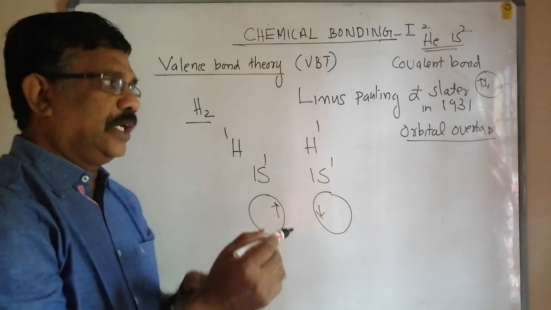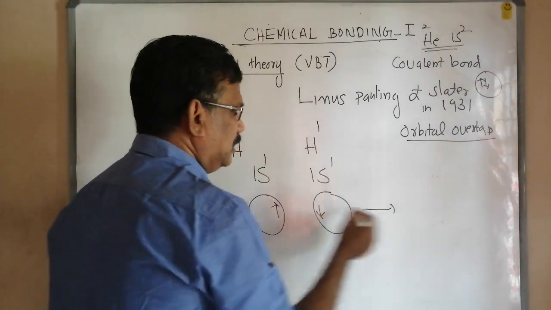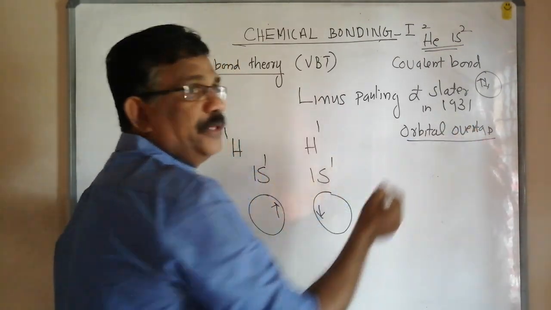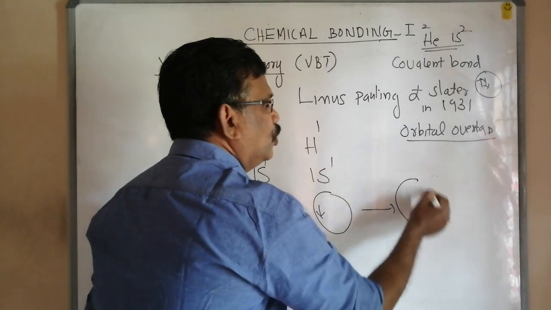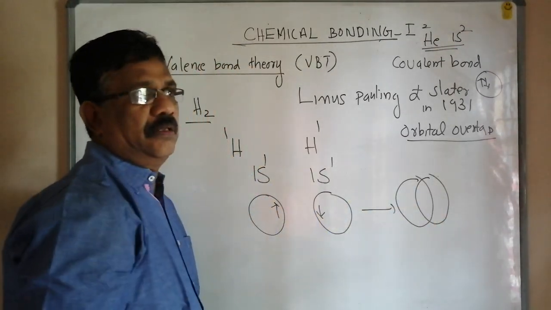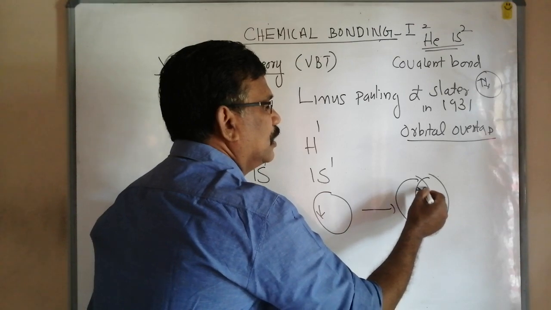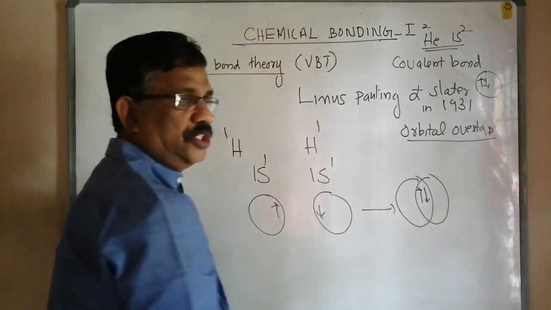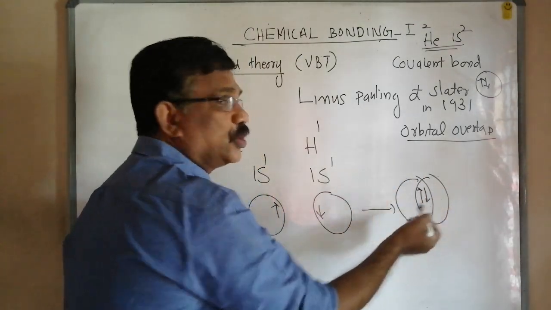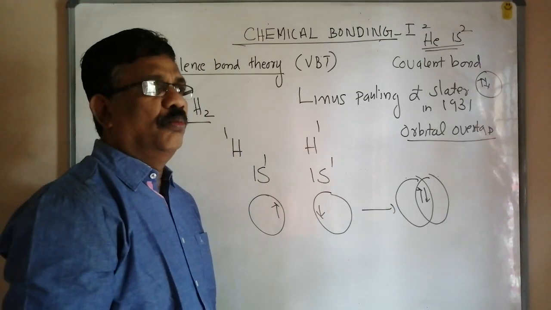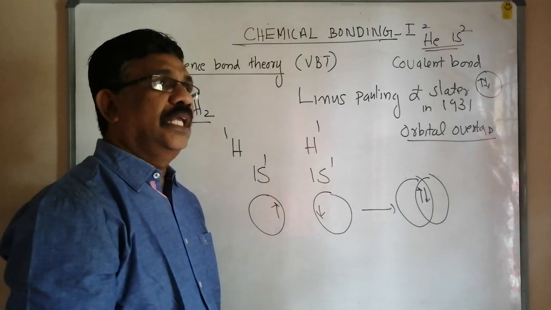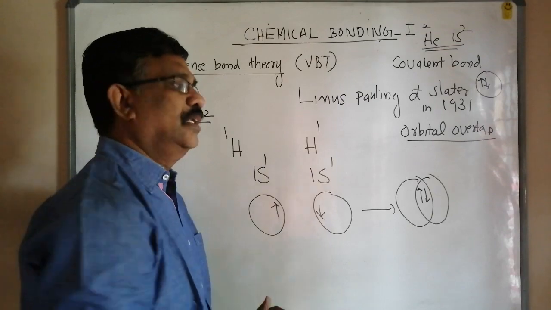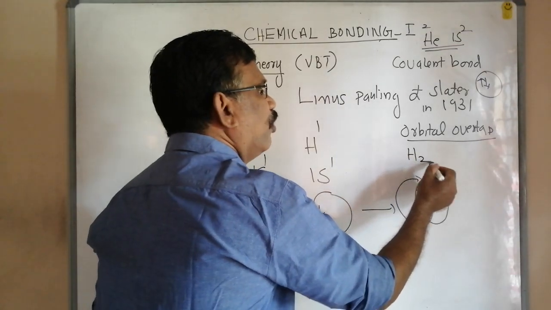So two hydrogen atoms come closer and these two orbitals overlap each other, and a pair of electrons is shared, and 1s1 becomes 1s2, and this 1s1 also becomes 1s2. Both H atoms acquire a stable noble gas configuration and H2 molecule is formed.